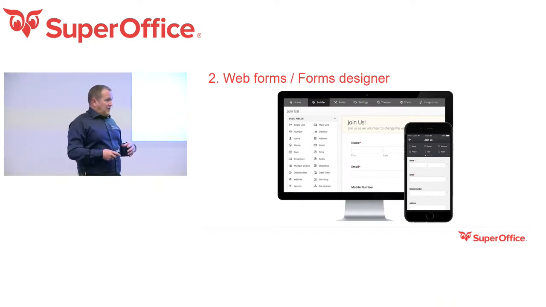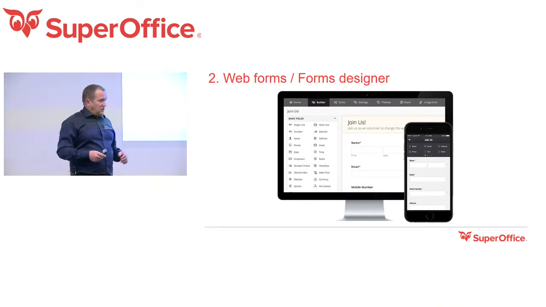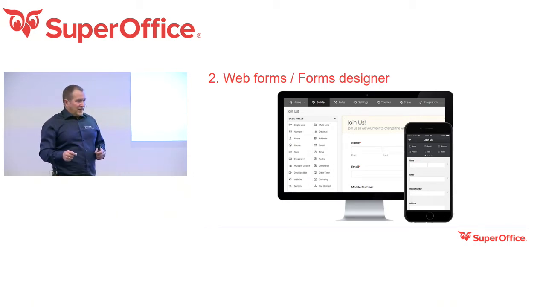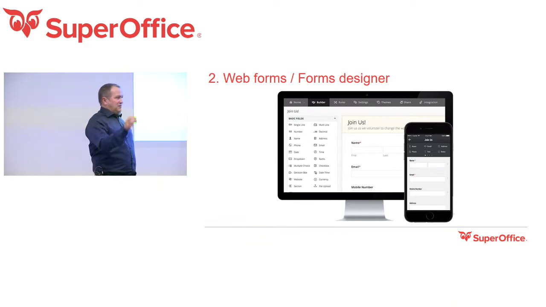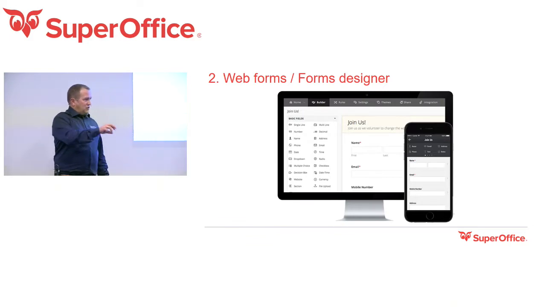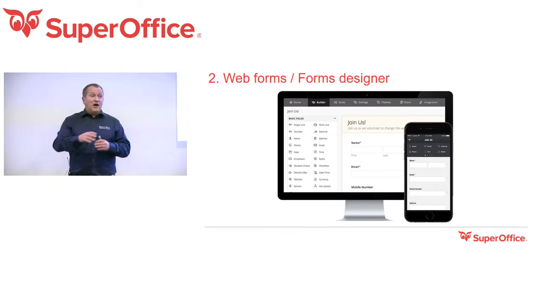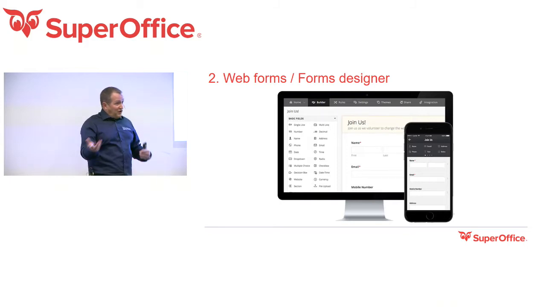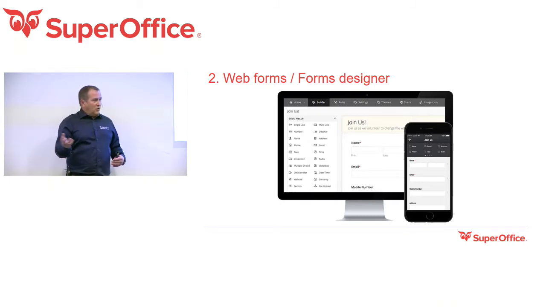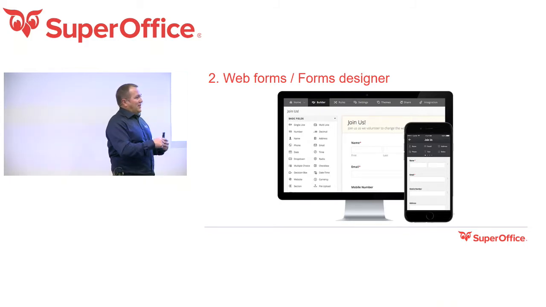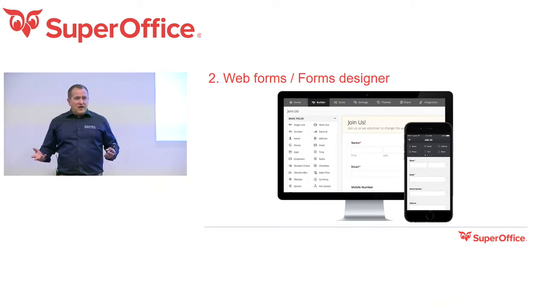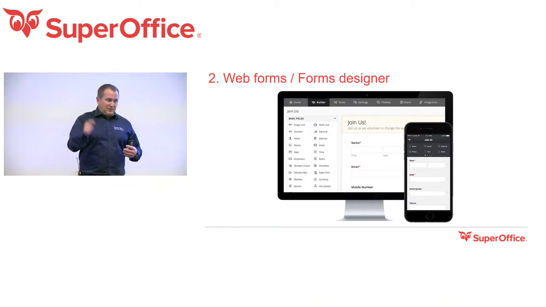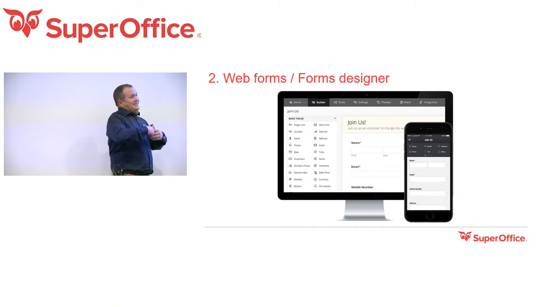So you should be able to create your own forms, like "I would like this white paper," put that as a link in an email or as a button on your web page, or as an iframe on your web page, that will give you a form that we can pre-fill if we think we know who you are, or you can fill out and submit, and the data will be captured by SuperOffice.